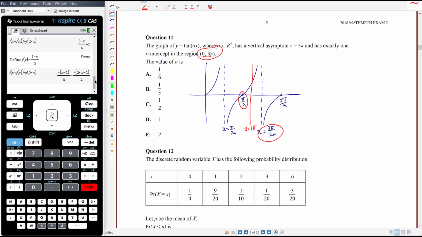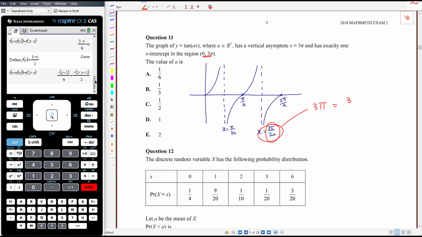Well actually, we know that 3 pi has to be an asymptote. So therefore, 3 pi either has to be equal to pi on 2a, or it has to be equal to 3 pi on 2a, or any of the other asymptotes, okay? But if 3 pi were to equal pi on 2a, then you wouldn't have an intercept between 0 and 3 pi. So therefore, 3 pi must be equal to this particular asymptote here.